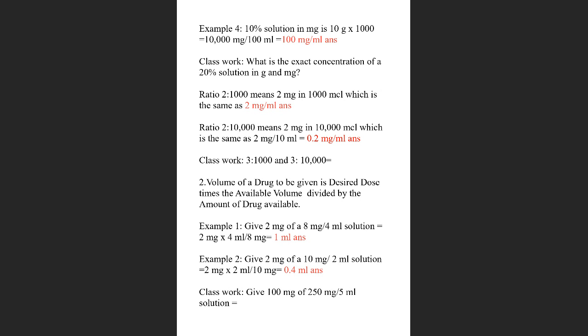So if you have a ratio of 2 in 10,000, all it simply means is you have 2 milligrams in 10,000 microliters of fluid, and 10,000 microliters of fluid is the same as 10 mils. So it's actually 2 milligrams in 10 mils. And if we use the exact concentration formula, it's 2 milligrams divided by 10. You're dividing, the point moves to the left. So it's 0.2 milligrams per mil.